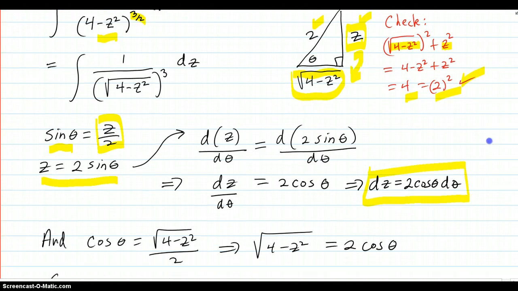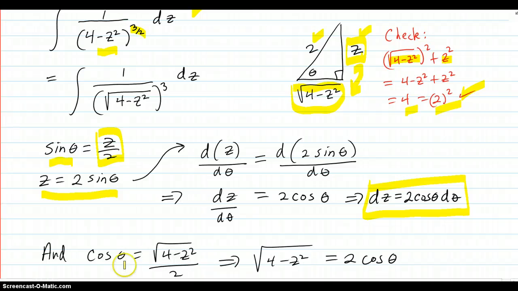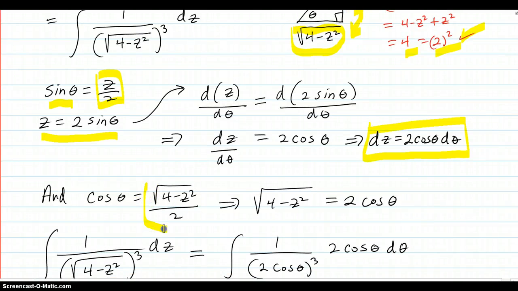So there's your relationships. Also, we're going to need the relationship for the square root of 4 minus z squared. So we realize that cosine of theta is the adjacent over 2. So here's the adjacent over 2. That means that the square root of 4 minus z squared is 2 cosine theta.